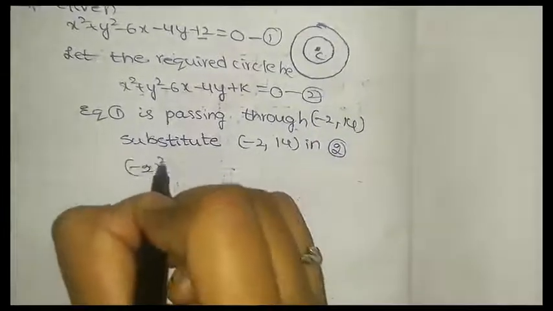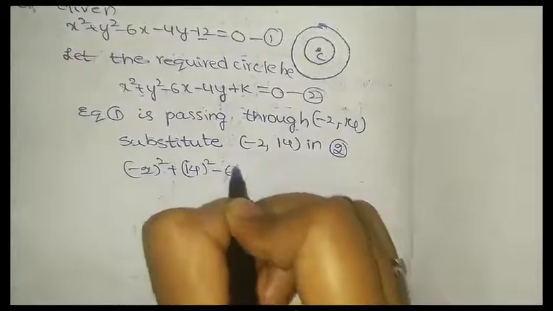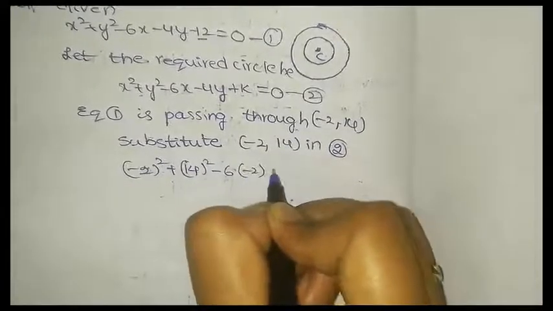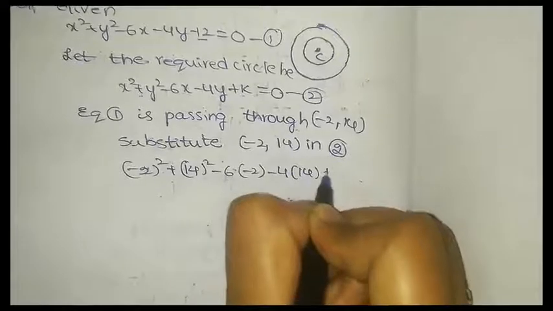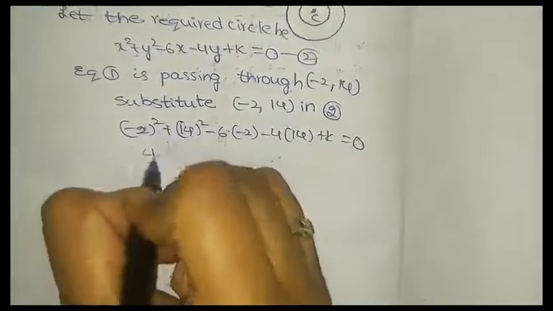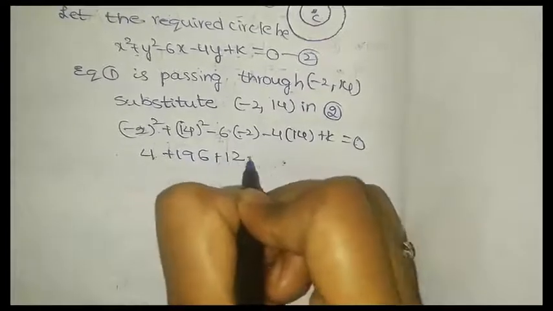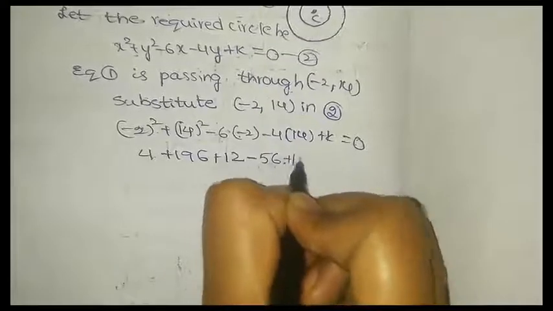Minus 2 square plus 14 square minus 6 into minus 2 minus 4 into 14 plus k is equal to 0. So from this, 4 plus 196 plus 12 minus 56 plus k is equal to 0.